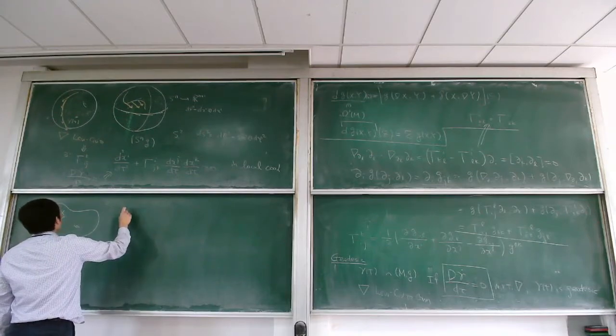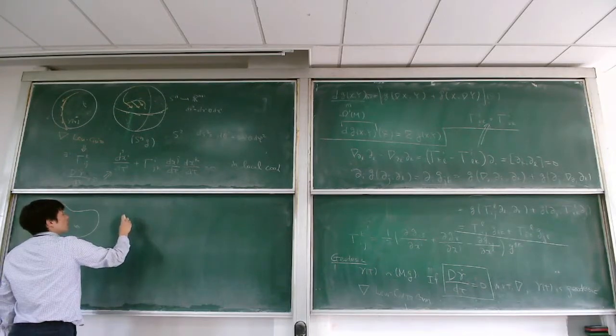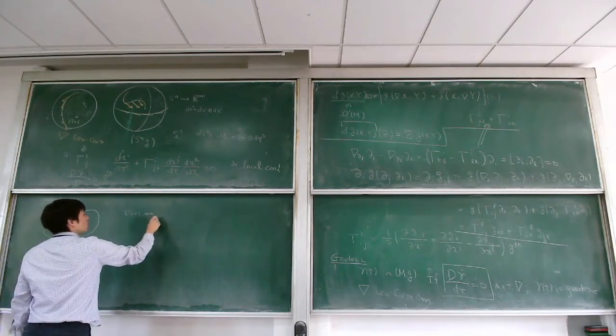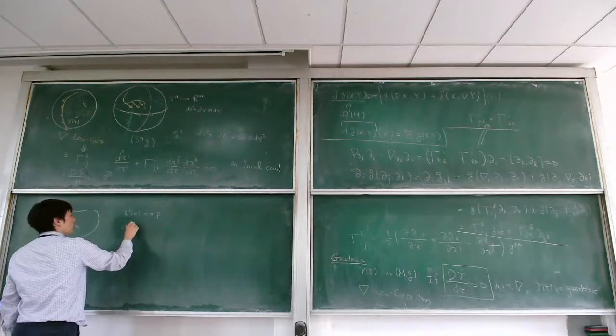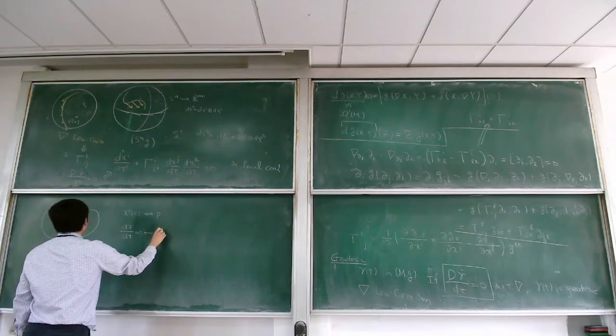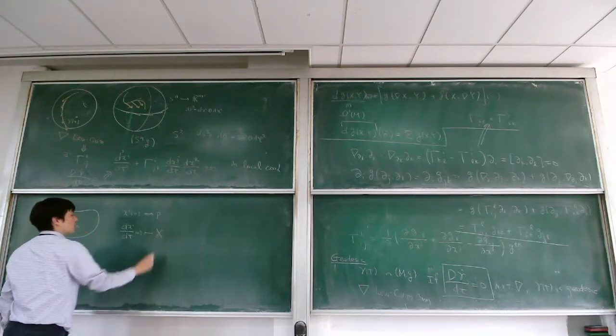So xi(0) corresponds to the point P, and dxi/dt at that point corresponds to capital X, the tangent vector.